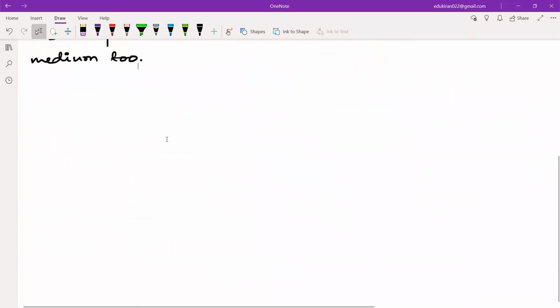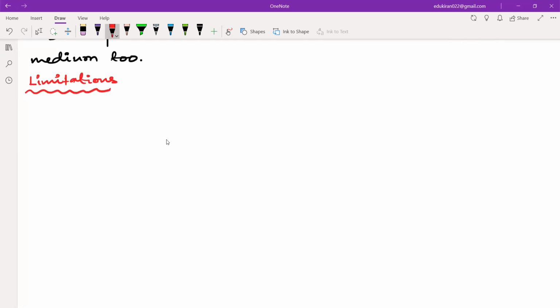Write the next one. Limitations of the Bronsted-Lowry concept.